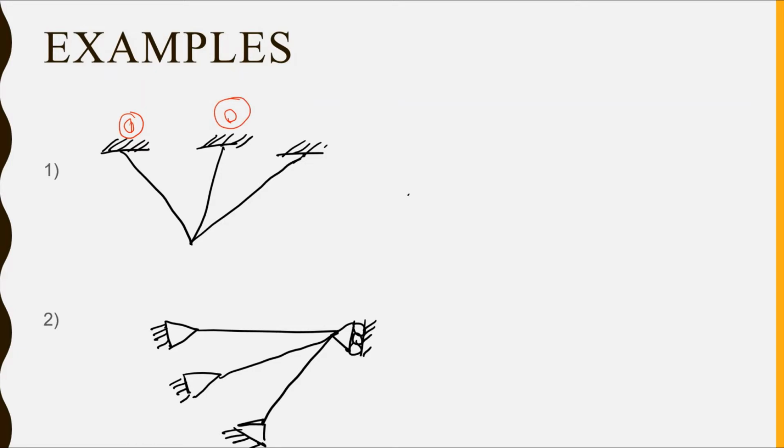Here also the degree of freedom is 0, and here also 0. But we have one free joint which has 2 degrees of freedom, either horizontal or vertical. The total kinematic indeterminacy or degree of freedom is 0 plus 0 plus 0 plus 2, which is equal to 2.